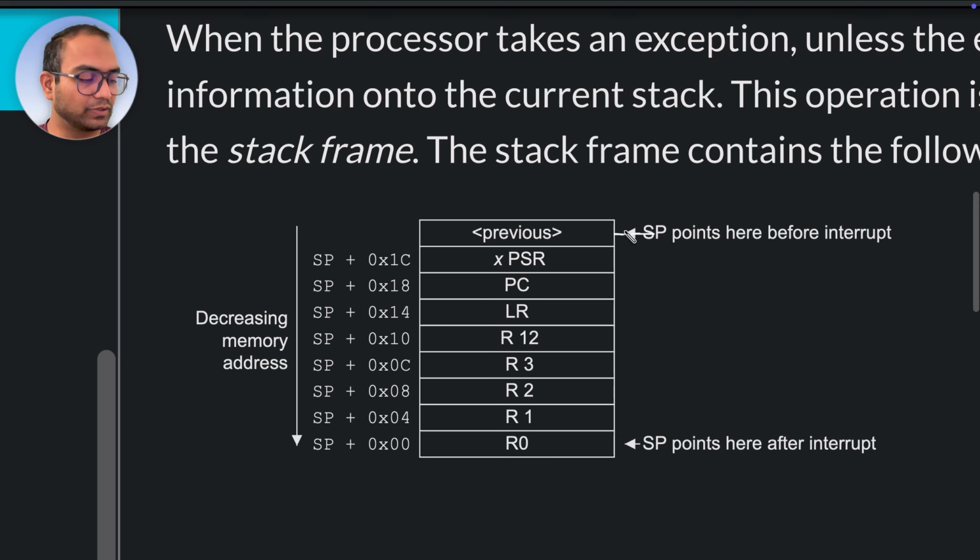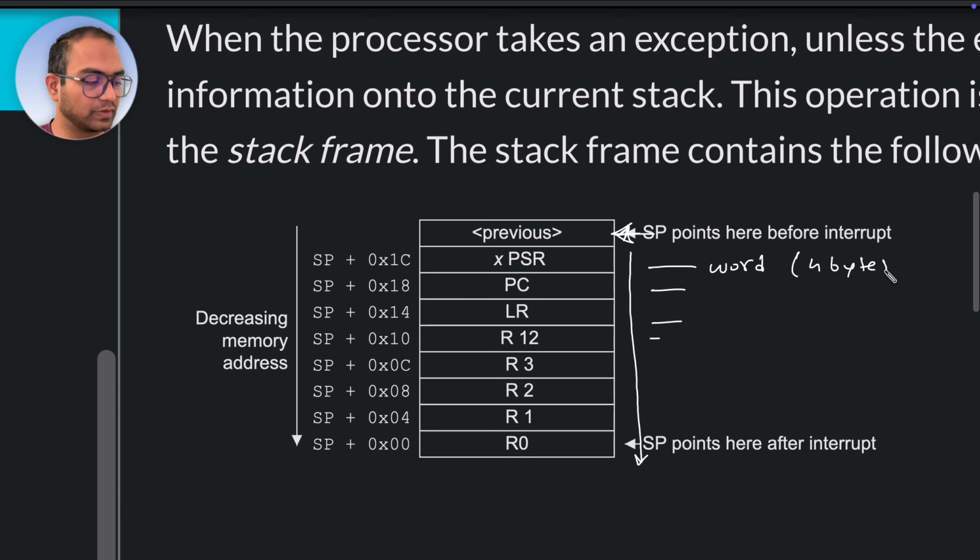So the stack pointer initially is pointing here. When an exception happens, the CPU automatically will fill these many words, so to speak, and a word is 4 bytes. In memory you can see that the difference here is 4, which means each of these is 4 bytes away.